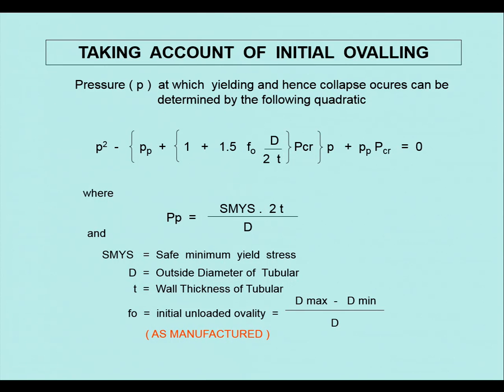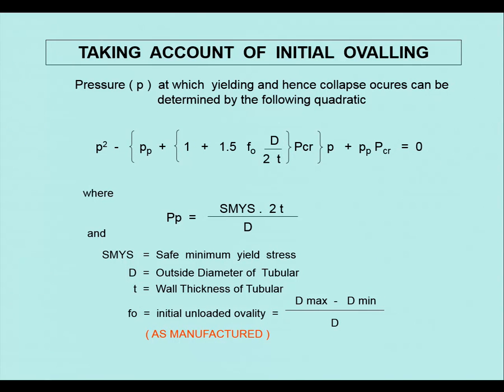So you've now got a pressure at which the pipe will collapse when it's perfectly round and subject to a perfect uniform pressure around it, and that's the critical pressure.